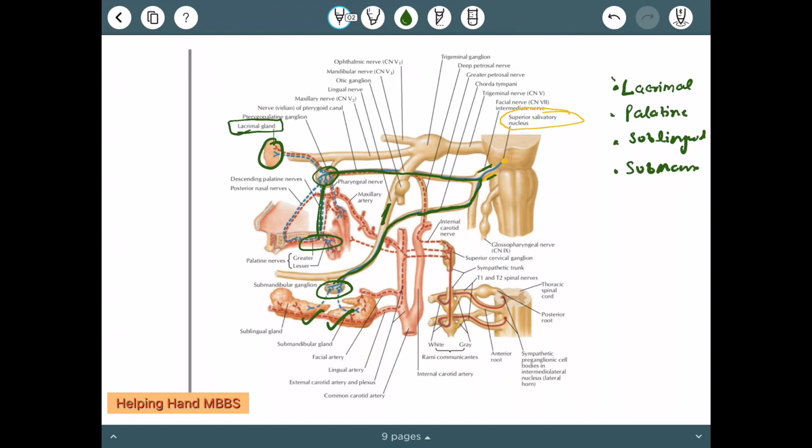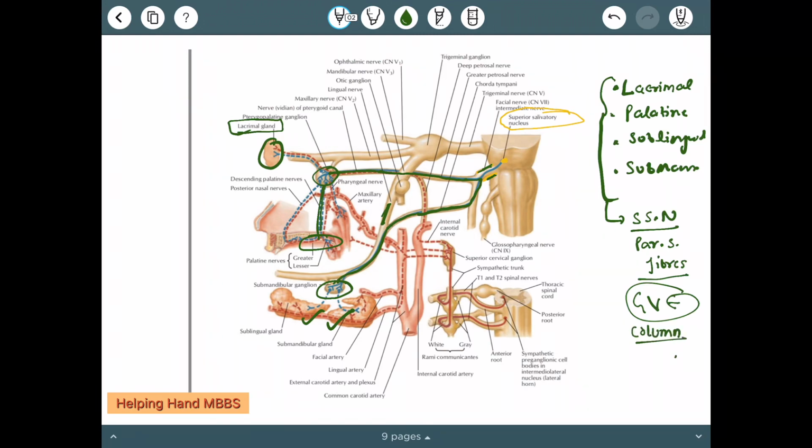So these 4 glands are supplied by it, and we can see here very clearly the superior salivatory nucleus and parasympathetic fibers. This is what we call the general visceral efferent column of the facial nerve. So I think you're clear with the course and how it supplies the various glands.